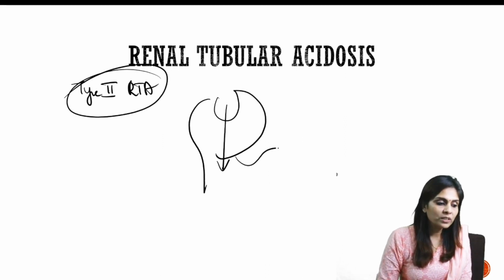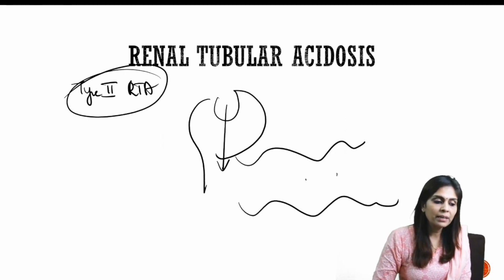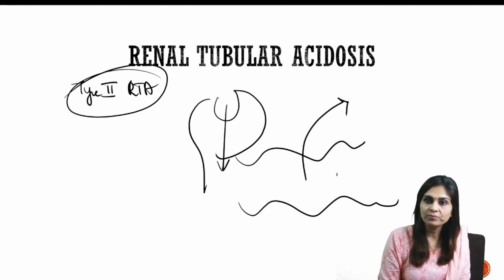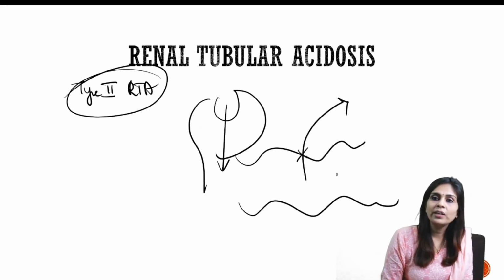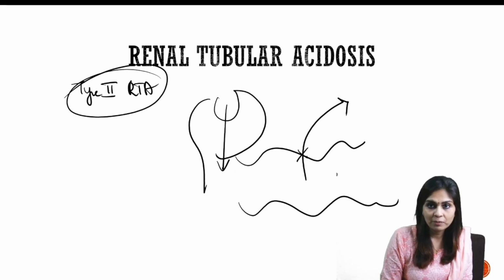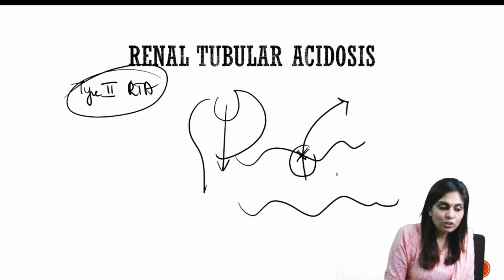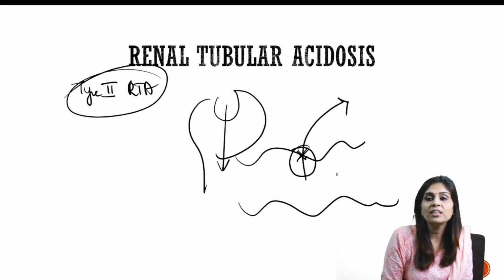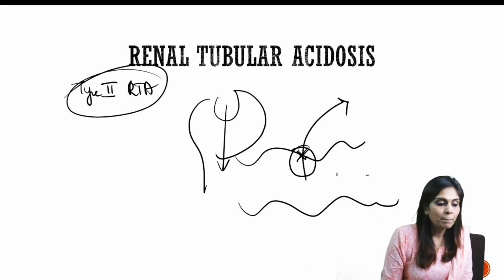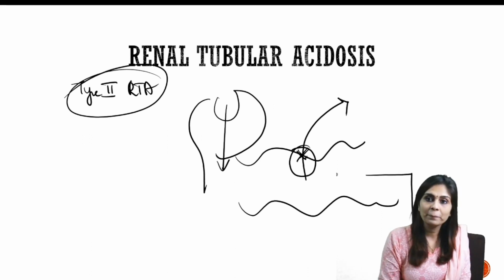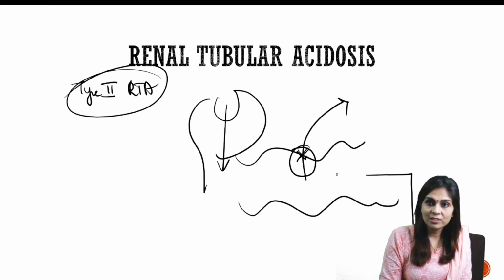So we reclaim all this bicarbonate in the proximal convoluted tubule. This is done by sodium bicarbonate co-transporters. So whenever there is a defect of that sodium bicarbonate co-transporter in the proximal convoluted tubule, bicarbonate gets lost in urine. That causes metabolic acidosis.